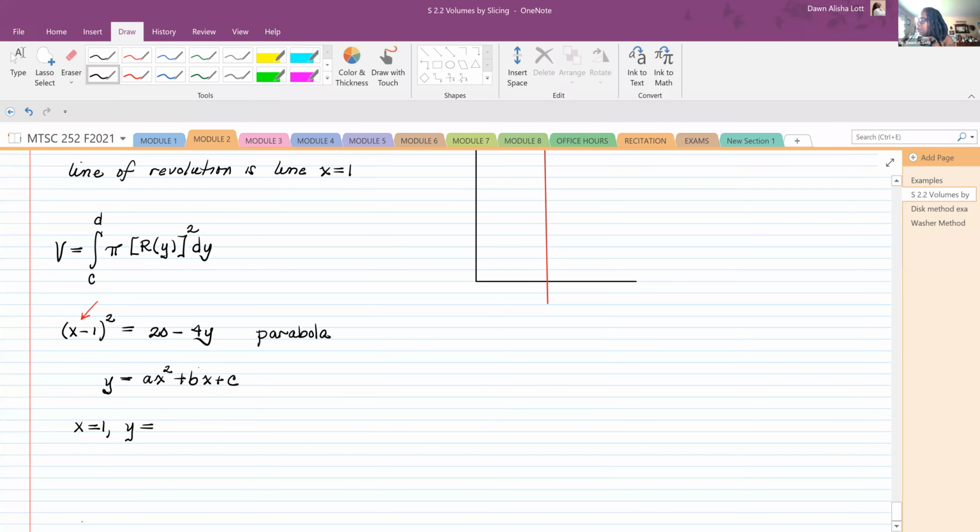Let's see here. When x is 1, I get 1 minus 1 squared is equal to 20 minus 4y.